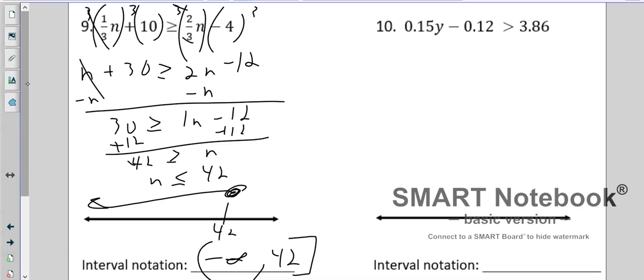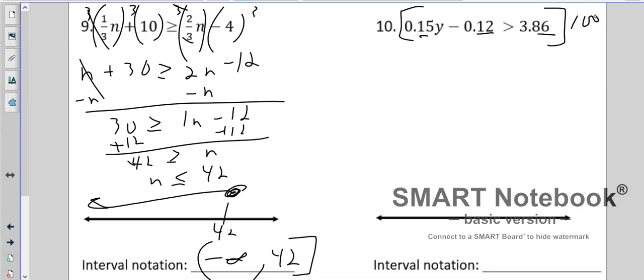All right, last but not least. Now, here's another trick. You can keep the decimals the way they are, but if you notice, they're both hundredths. So guess what we can do? We can multiply this entire thing by 100. You don't have to. You got calculators.